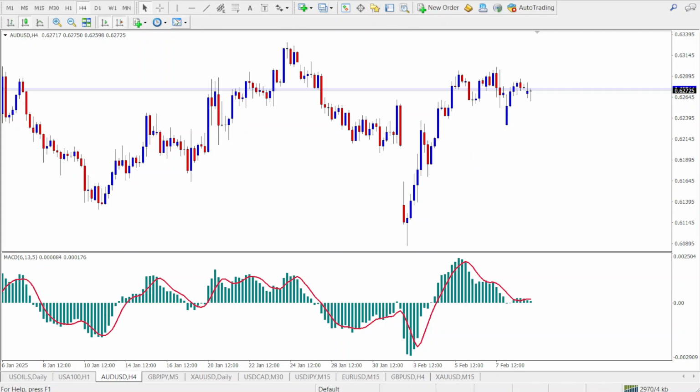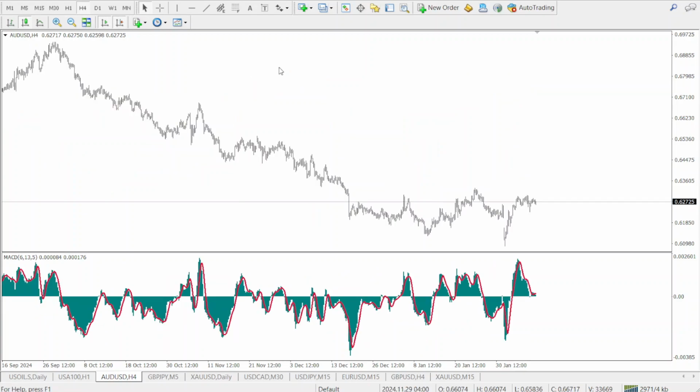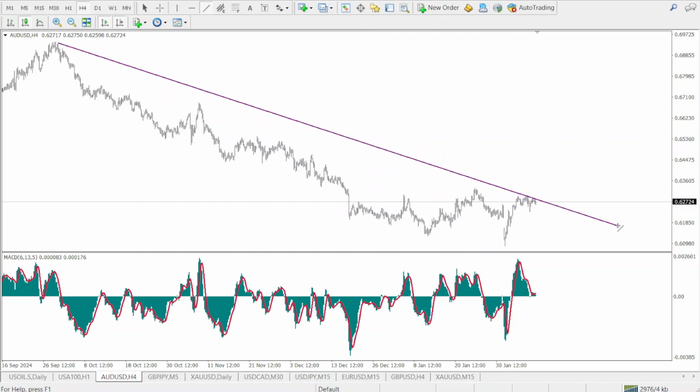Based on what we can see here, the overall market trend is a sell trend. Trading in the direction of the trend increases your chances of success.